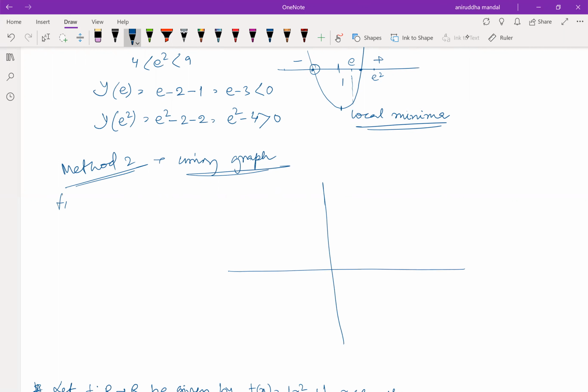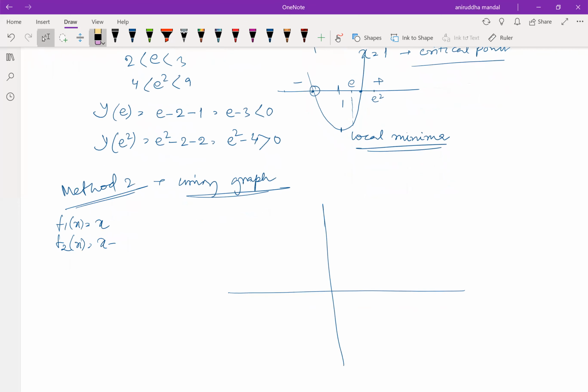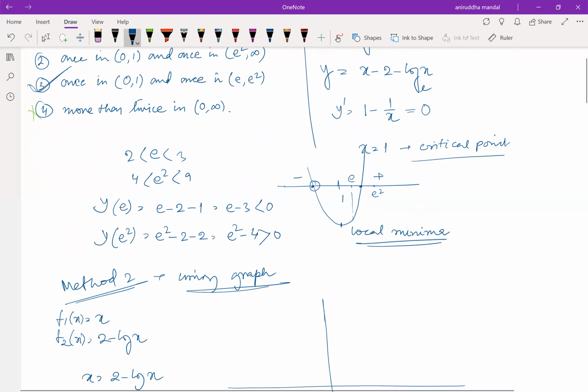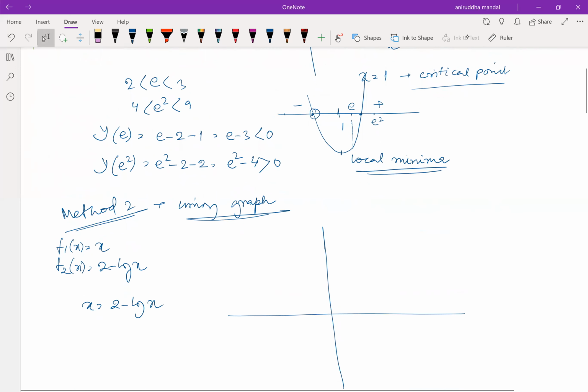One function f1(x) is x and f2(x) is 2 plus log x. So x equals 2 plus log x, which means x minus 2 equals log x.